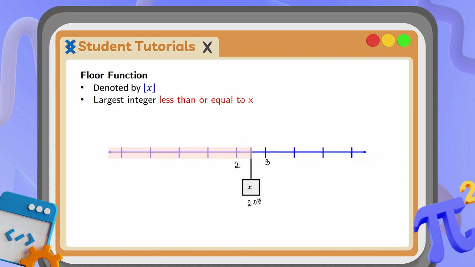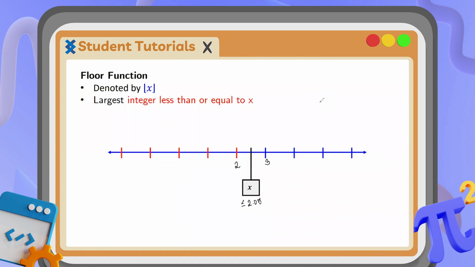So when we apply the floor function to x over here, we are looking for the values less than or equal to x. So all values less than or equal to x will be candidates for the value of the floor of x.